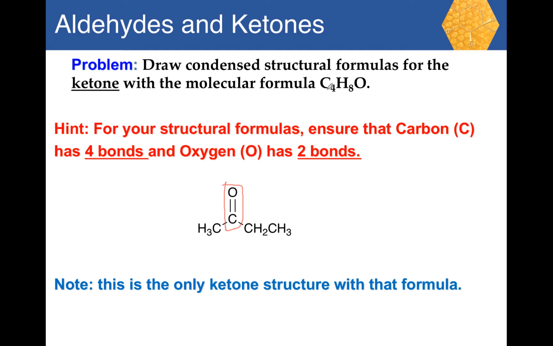So this uses up 1 carbon and 1 oxygen right here. So we have 3 more. We need to put 1 carbon on this side and another alkyl group over here. So now you've seen that we have used up our 4 carbons. So this is the ketone here with the molecular formula.